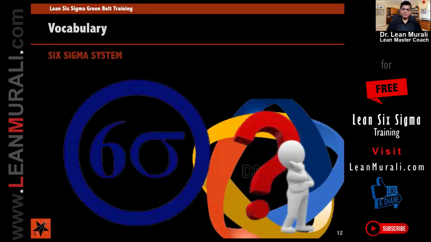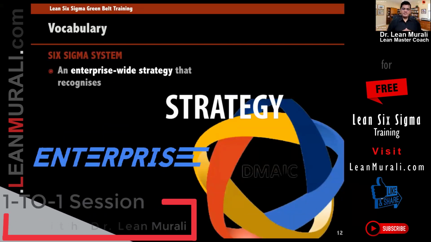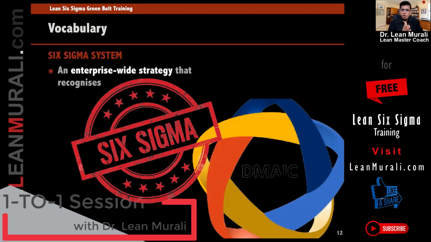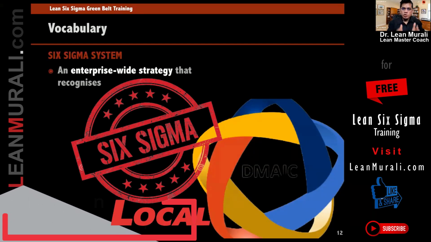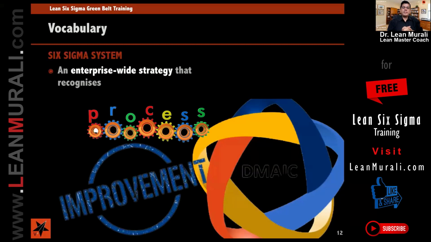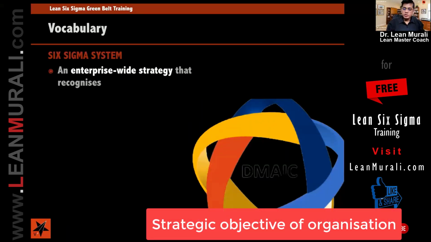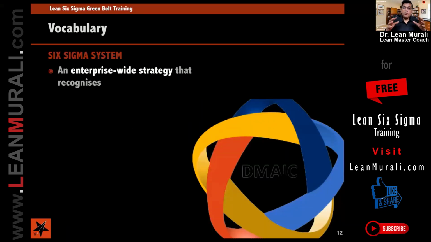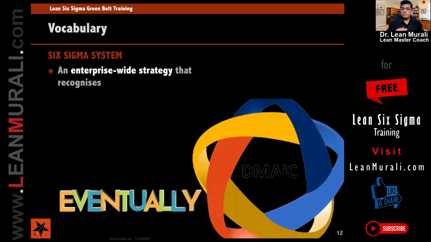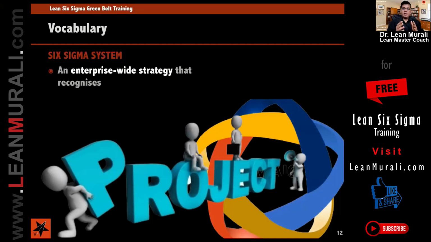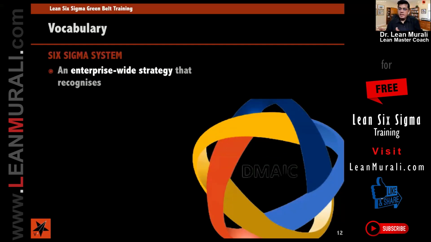What is the Six Sigma system? It is an enterprise-wide strategy. Six Sigma should not be treated as just one local process improvement. Many people do Six Sigma to improve a particular process, and that is absolutely okay. But the master black belt, who knows the strategic objective of the organization, will find out which are the bottleneck areas, and he will eventually create projects which may be related to a particular process.